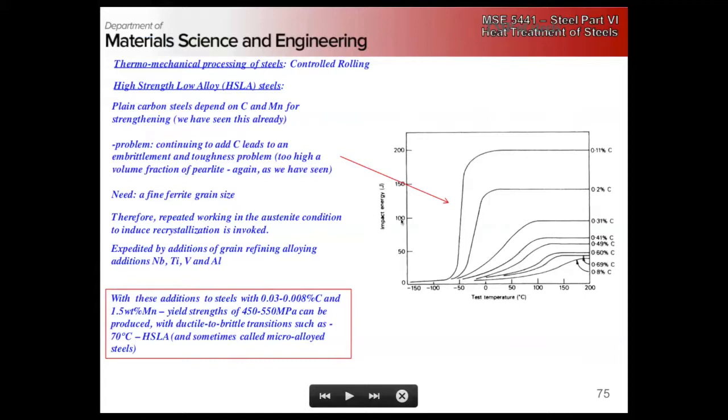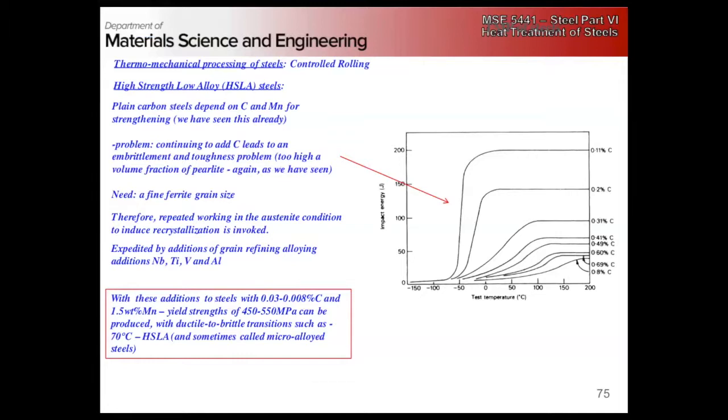Too much carbon, though, gives us an embrittlement problem, a toughness problem. We have too much pearlite.